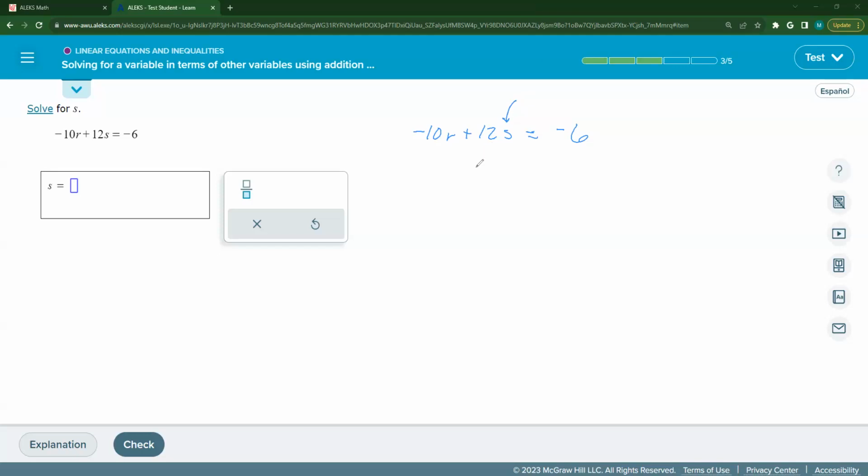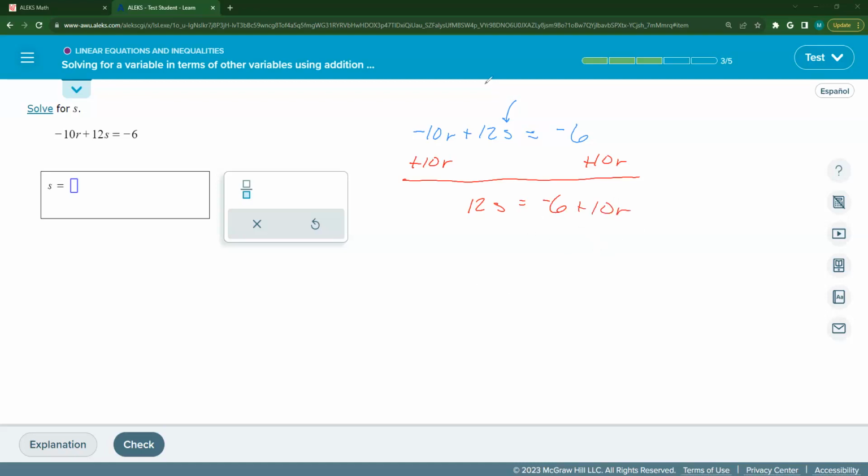I like to mark it so that I don't forget. All right, on the side with this s, I need to get rid of this minus 10r, so plus 10r on both sides. And I have 12s equals negative 6 plus 10r.